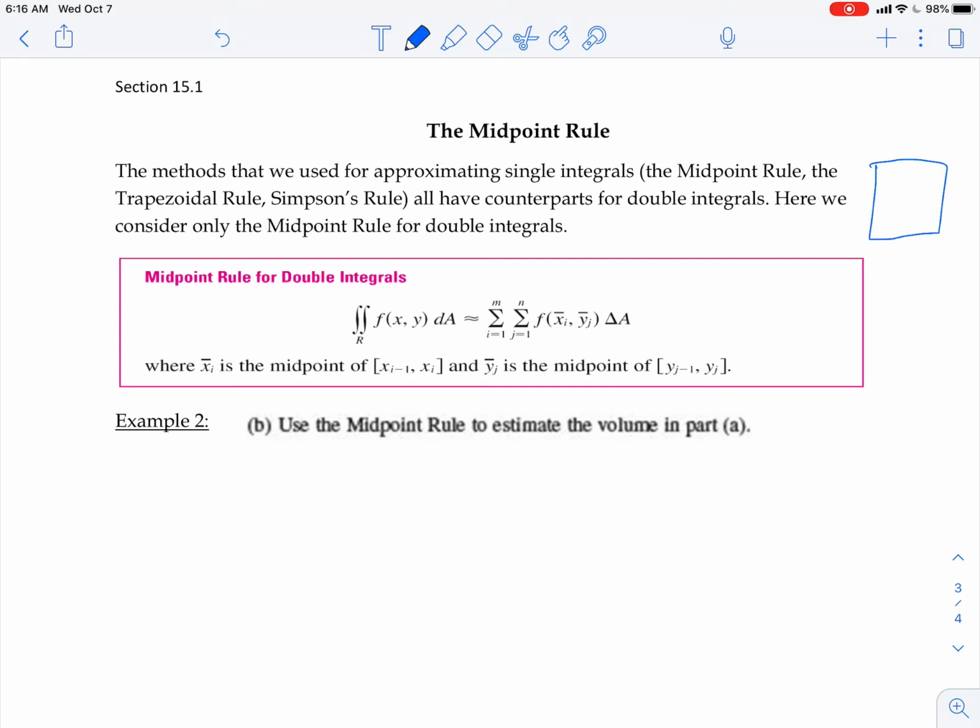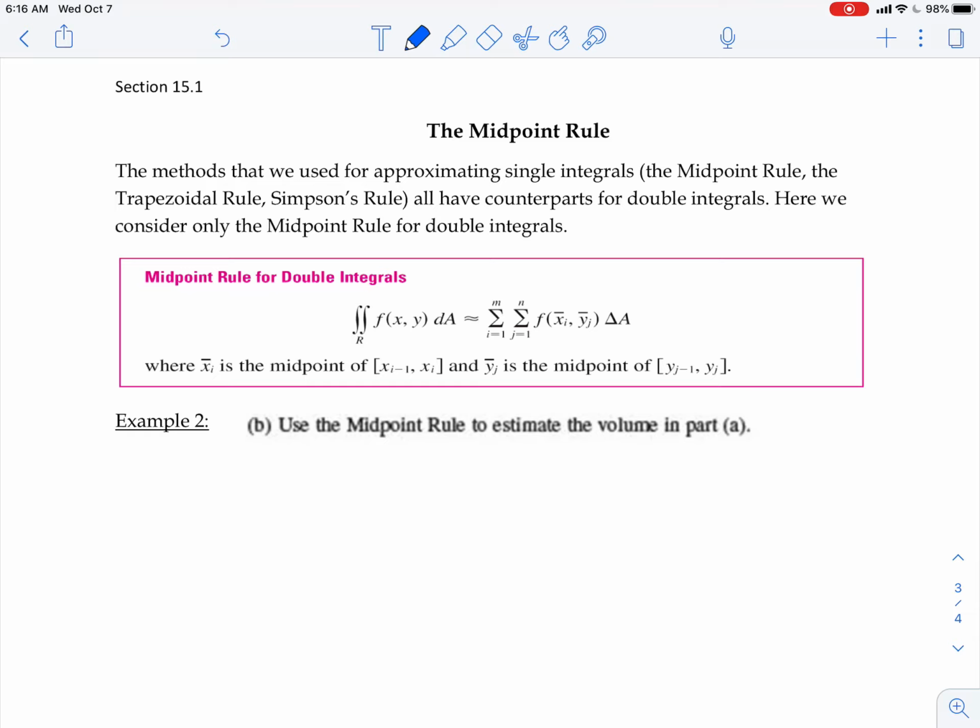The thing is, all the other rules apply to double integrals. So the midpoint rule we're using has applications with double integrals. The trapezoidal rule we could use for double integrals, and Simpson's rule. I don't know if you did Simpson's rule in Calc 1 and 2, or mainly Calc 1, because Riemann sums is a Calc 1 topic.